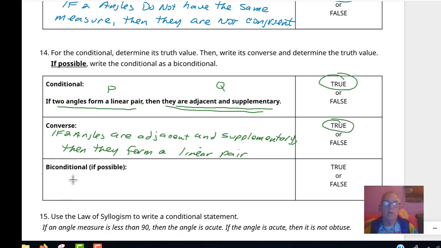So the biconditional would be: two angles form a linear pair if and only if they are supplementary.